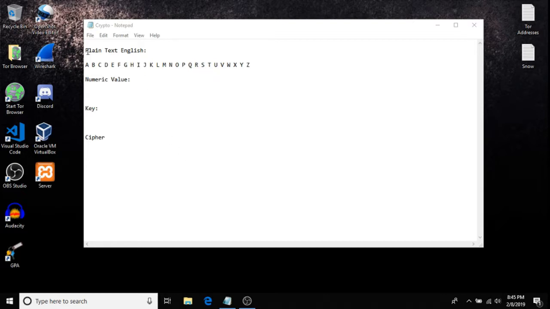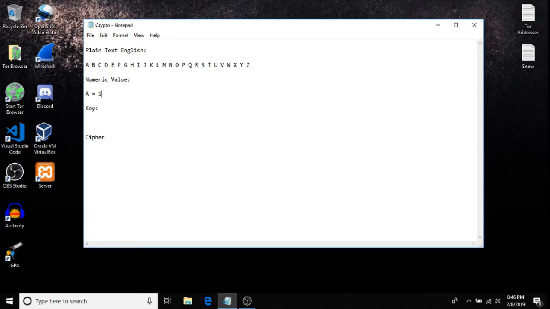So we have our plain text English alphabet, A through Z, and we want to encrypt something, but how do we do that using a simple key? Well, first, we have to understand that there is a general rule of numeric value to each letter of the alphabet. Now, some will say that it starts at number 1 for A, so A would equal 1.